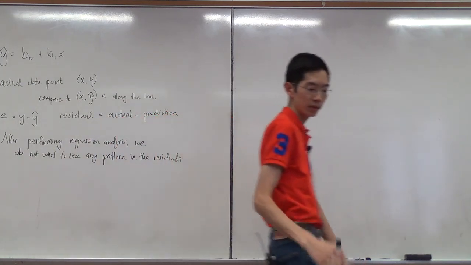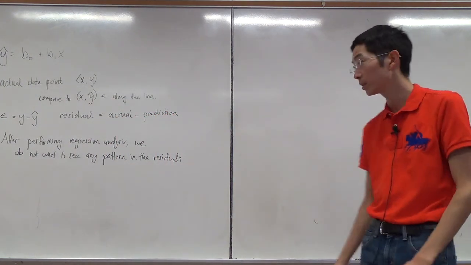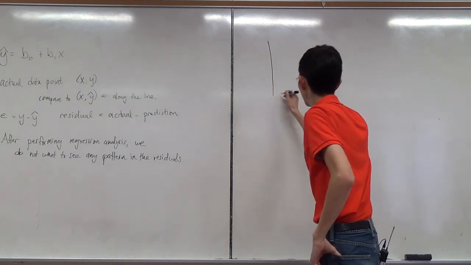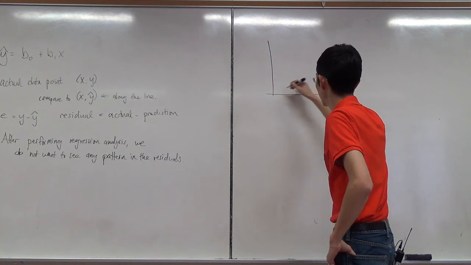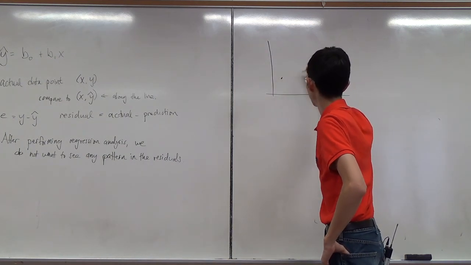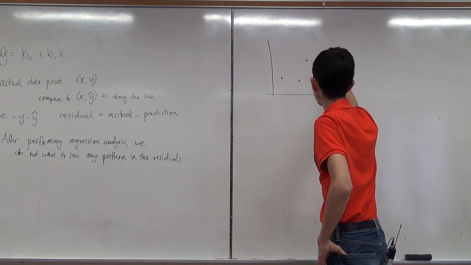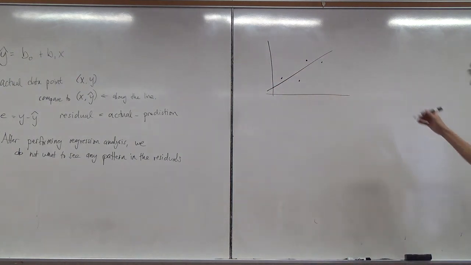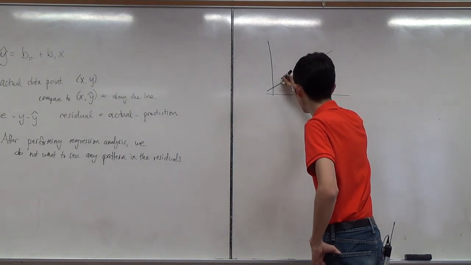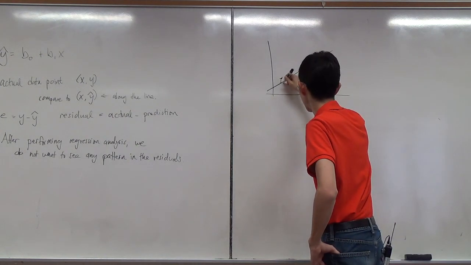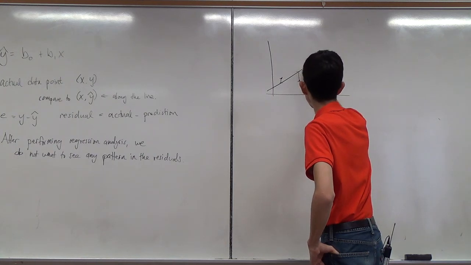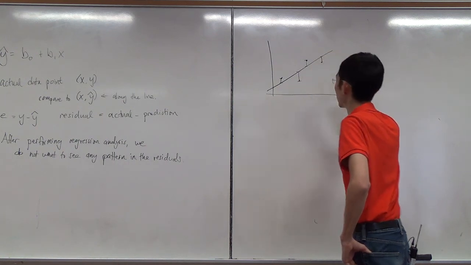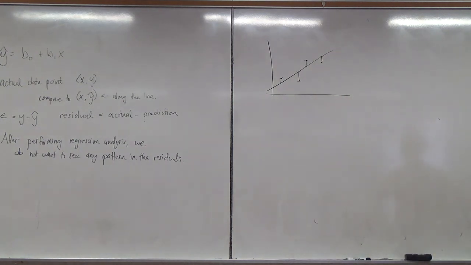So let's just explore a few possible examples here. If I have dots like this, and this is our regression line, our line of best fit, just with these 4 data points, these would be my residuals.